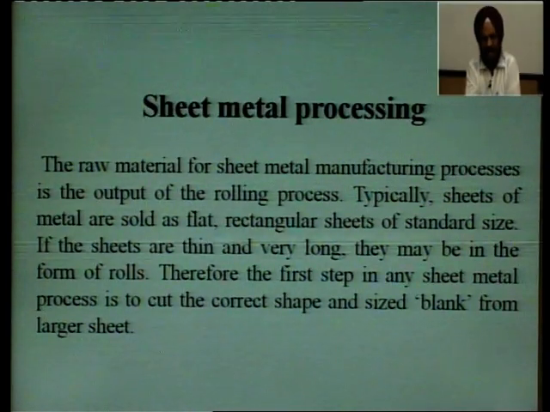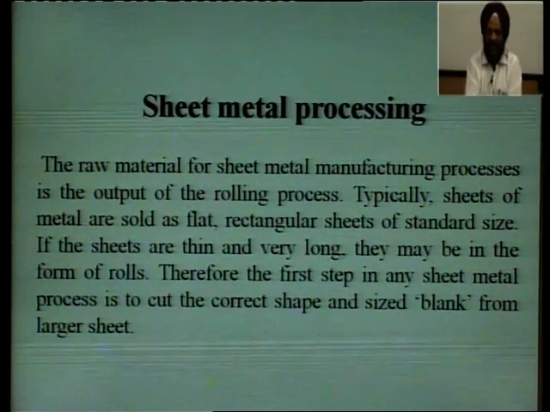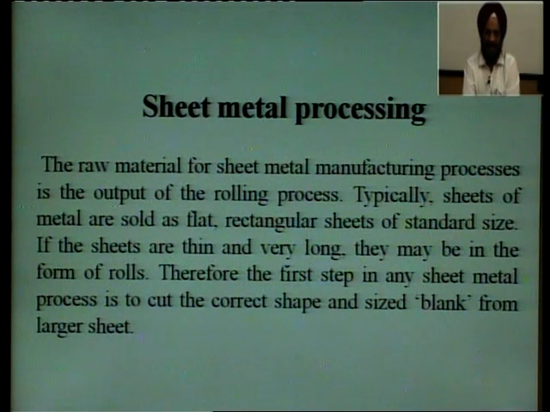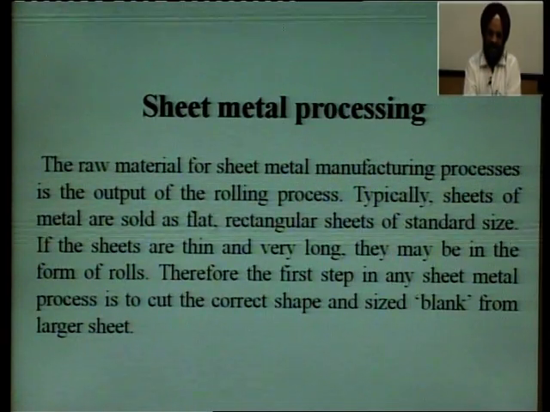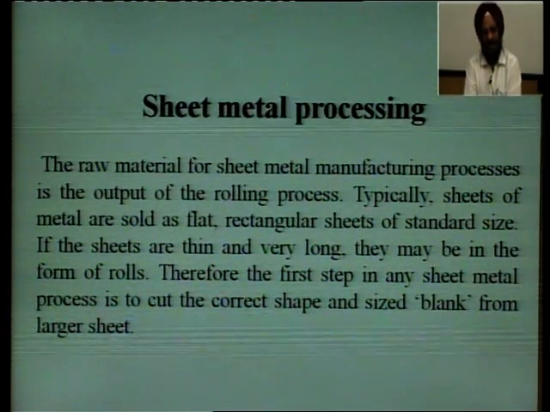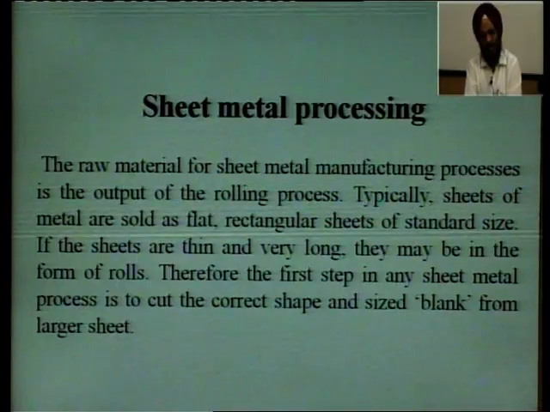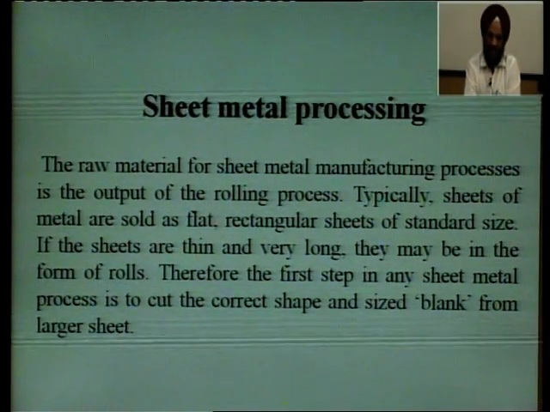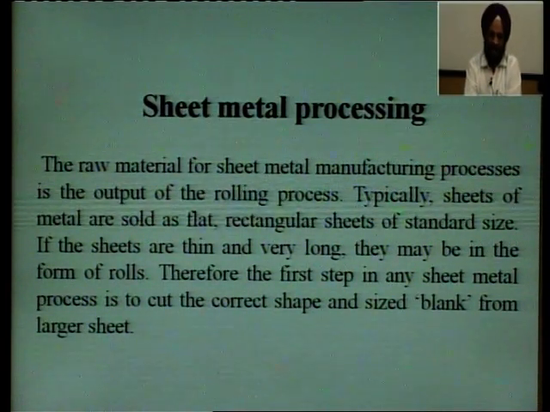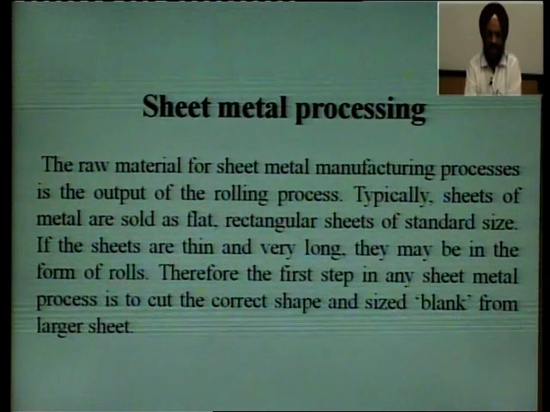So the first step in any sheet metal process is to cut the correct shape and size blank from the larger sheet. What is a blank? A blank is basically the starting raw material on which you want to work. Nobody wants to waste material here. We should have just the minimum, or just sufficient, material which will be used for making that component. You must have studied the development of solids in engineering drawing.